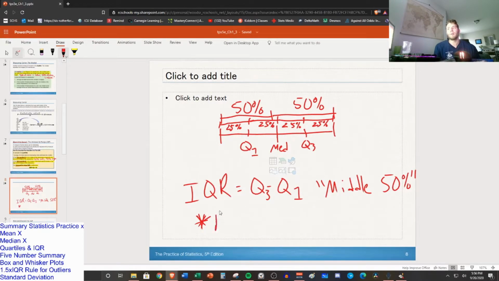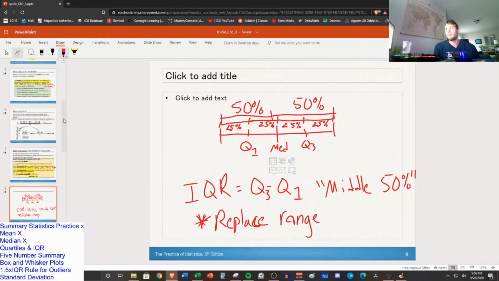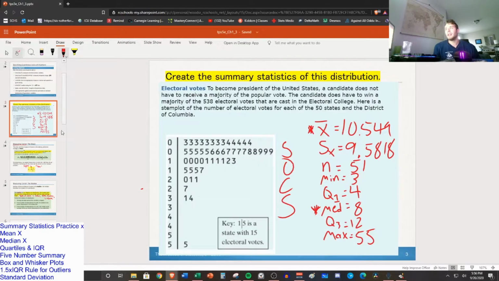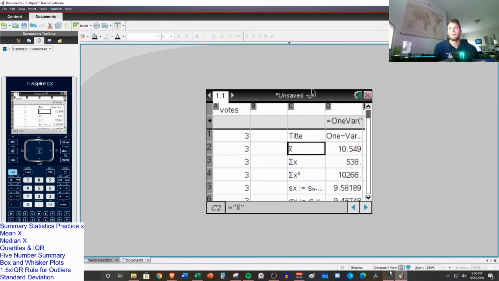IQR is going to replace range. And here's why, okay? Because is this distribution really spread out 52? Like, does that describe how spread that data is? Not really, okay? Let me give a better example.